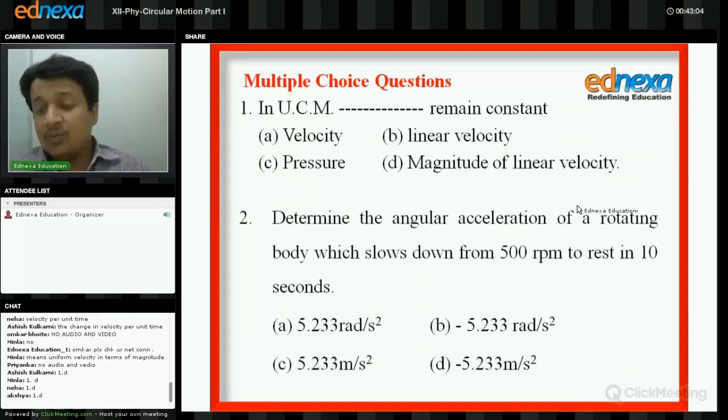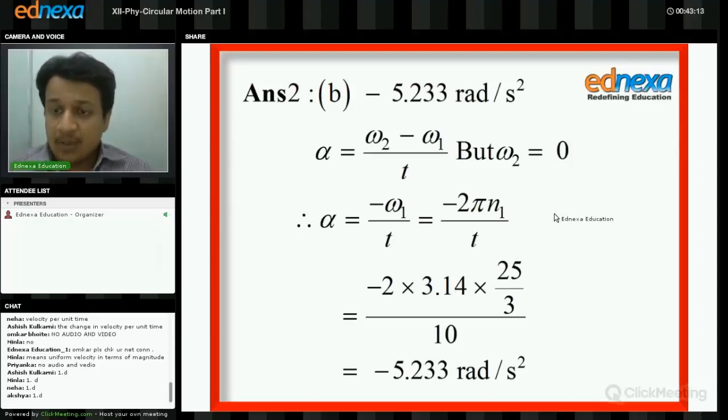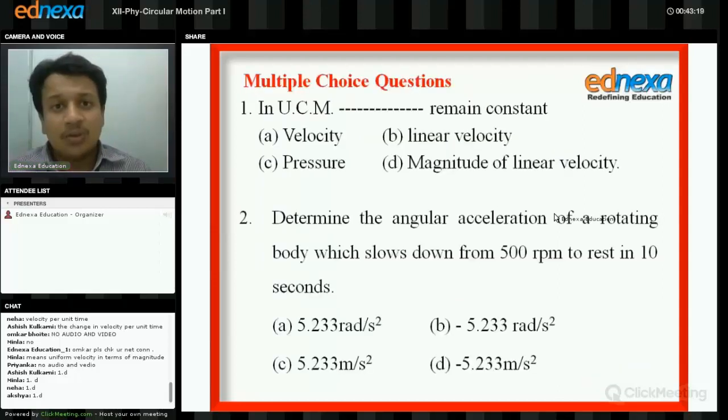Do it, and convert this RPM to RPS. As I said, the formula is 2 pi n. But n1 is given; how much is it? 500 RPM. No, you have to convert into RPS. How to convert RPM to RPS? You have to divide by 60.